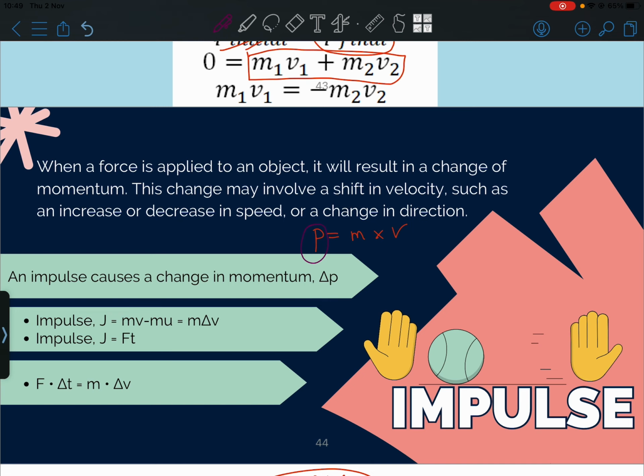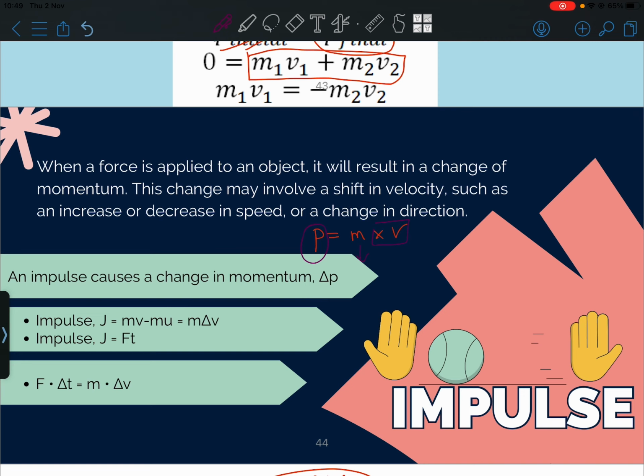Look at the formula M times V. Can the mass of the object change if we don't insert or take out any matter? No. So the mass cannot change in this case, but the velocity can change. So the only way for the momentum to change is by changing its velocity.